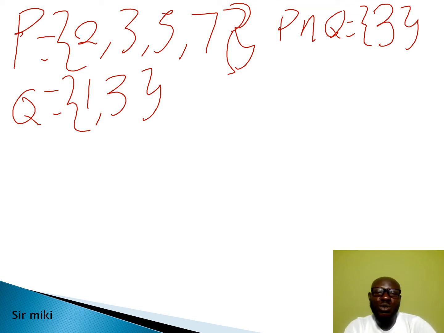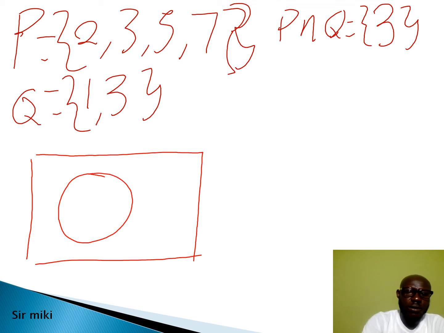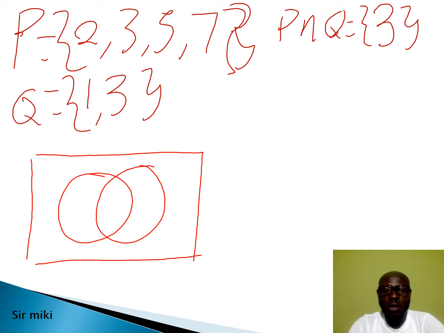Now we are to represent P and Q on a Venn diagram. We will also throw more light on Venn diagrams in our next meeting. But how do we represent P and Q on a Venn diagram? So we come out with our diagram like this, with our 2 circles, and we come out with the place where they intersect.